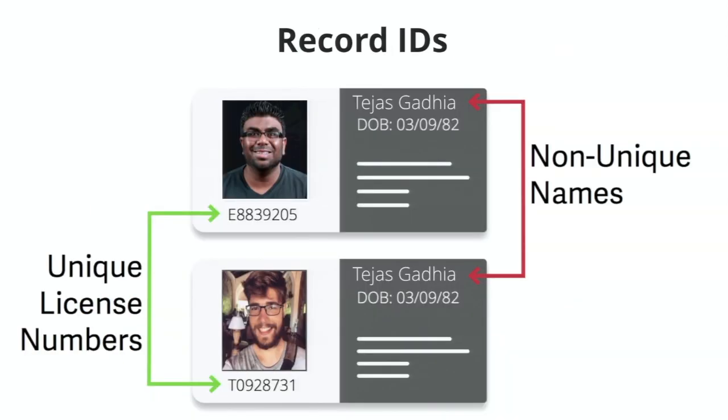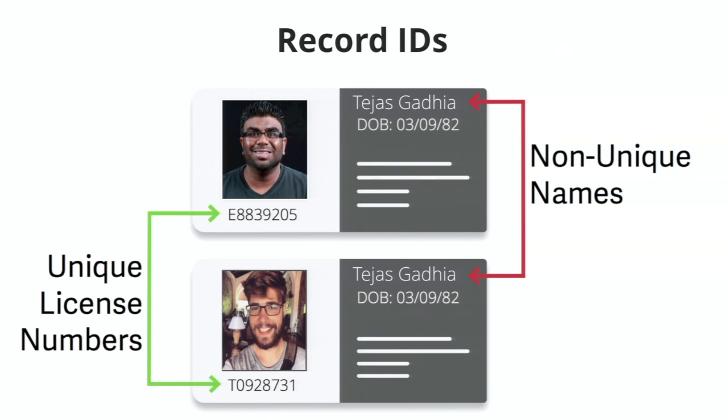For instance, you could have two people who are both named Tejas Gadia, who are both born on the same day, and their name is not that special. Tejas might think his name is special, but it's actually not. And how is the computer going to tell them apart?